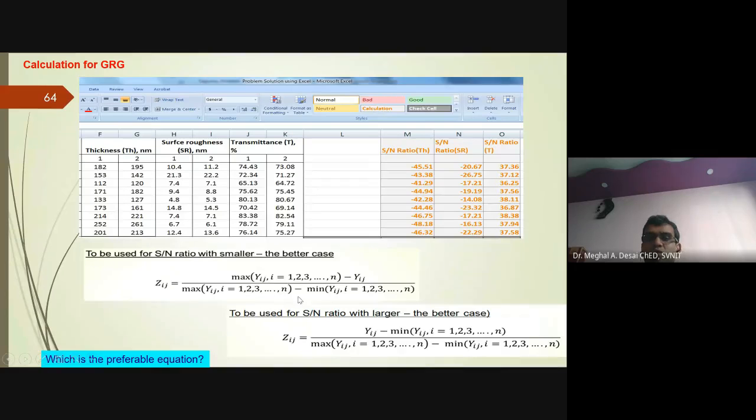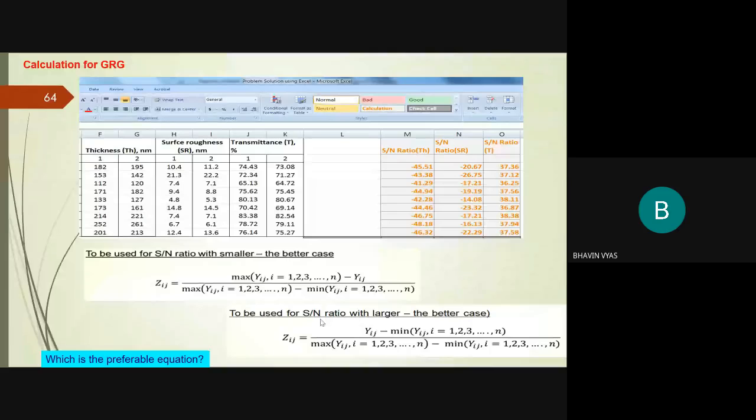Now we are going for gray relational, so normalization is required. In normalization, should I use this equation for the smaller the better case? That is my query. Yes.